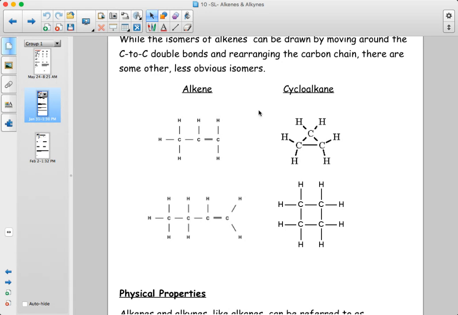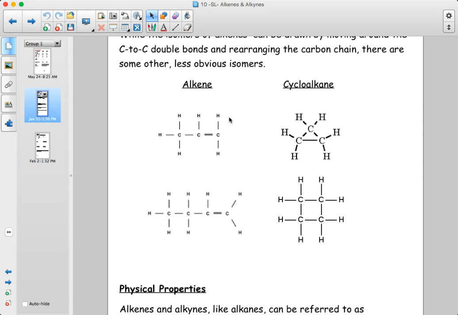If I take the same exact formula, in this first case C3H6, I can draw it with one carbon-to-carbon double bond and I have propene, or I can draw it as a ring, and this would be called cyclopropane. So both of these molecules exist, and they are structural isomers of each other, and they're really quite different.